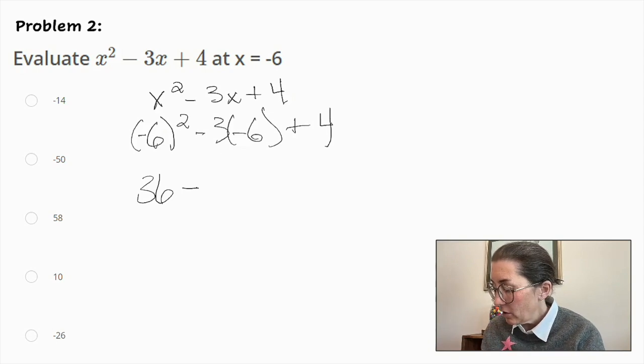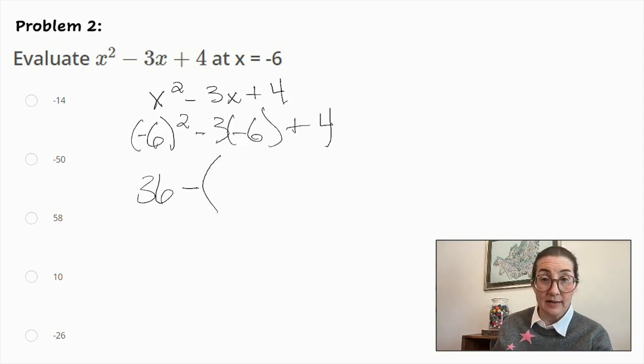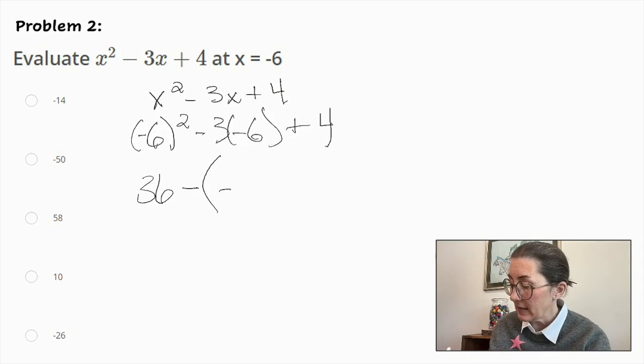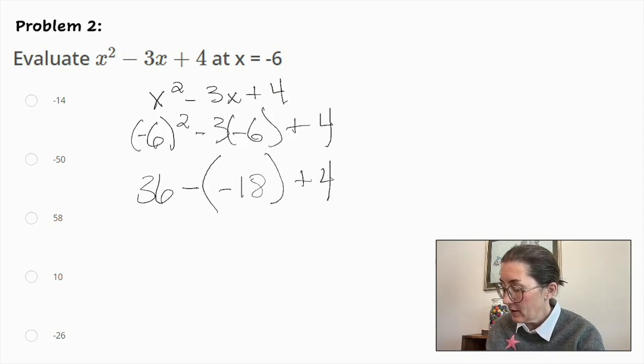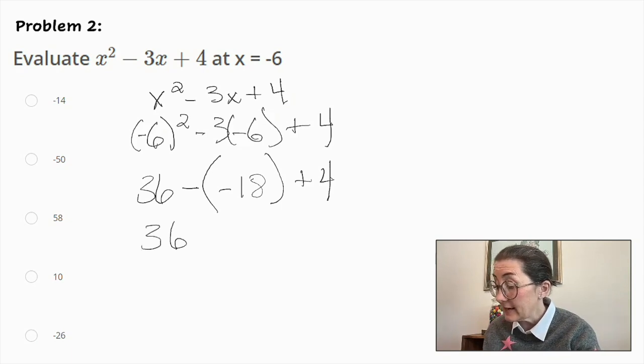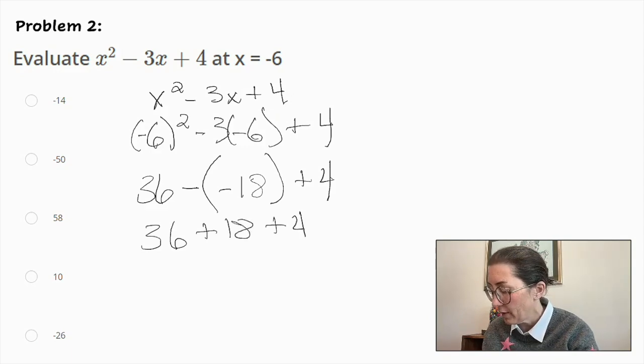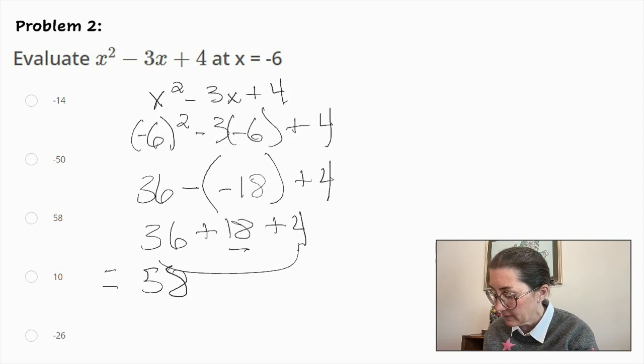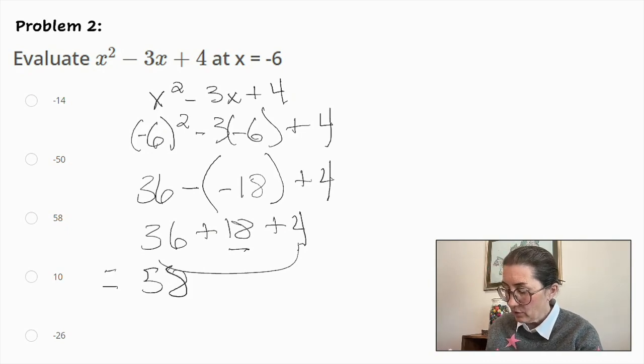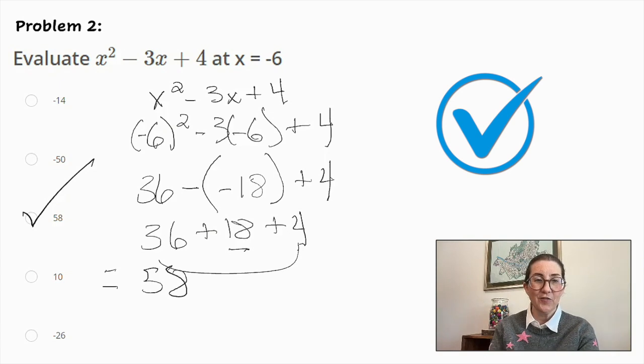Minus 3 times negative 6 is negative 18. Plus 4. So we've got 36 now plus 18 plus 4. And that equals 40 plus 18 is 58. So the answer is 58.